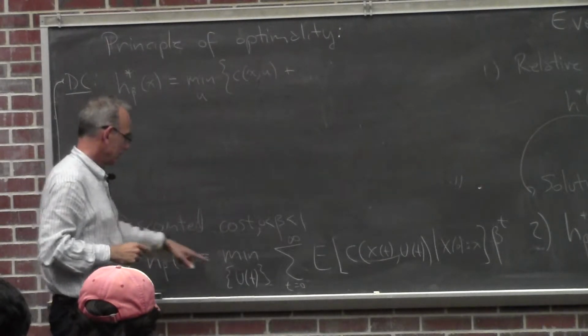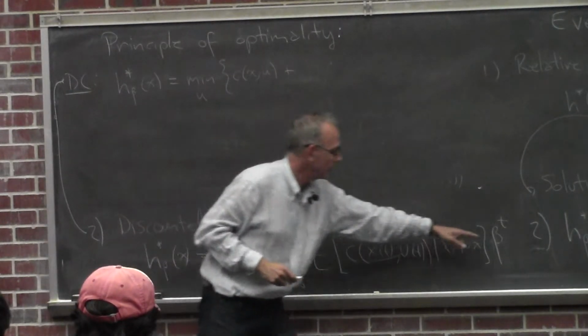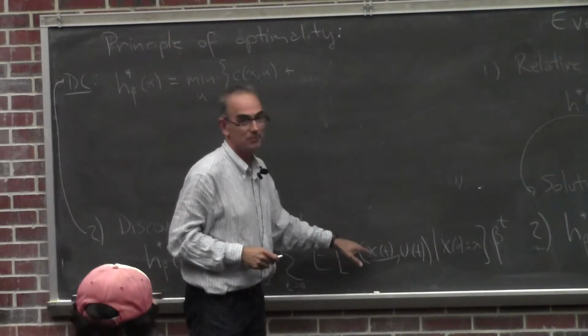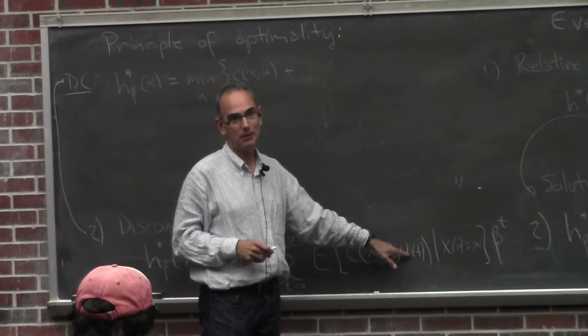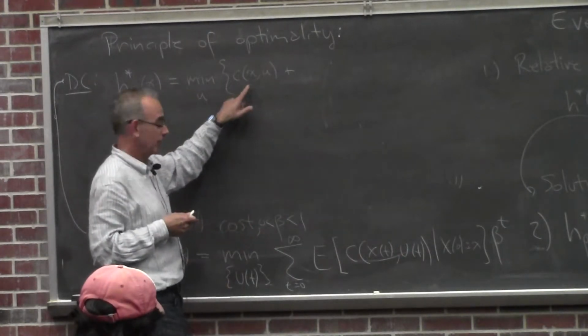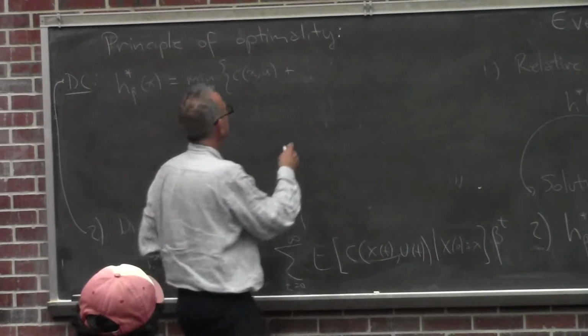I take the 0th term, beta to the 0th, which is 1, and this is just c of x and u, where u of 0 I'll call u. So that's the first term here. And then I have a sum from 1 to infinity.